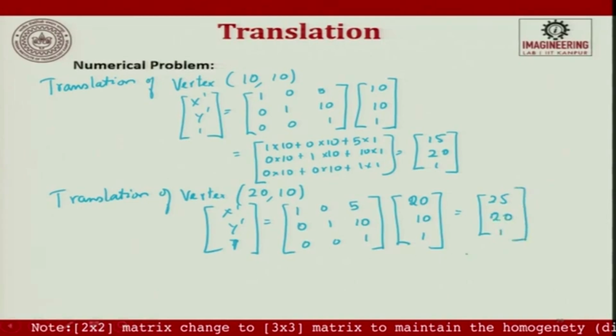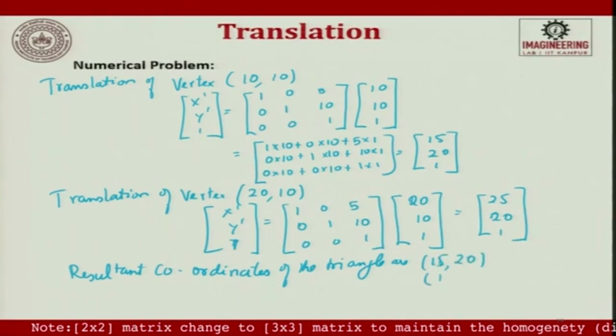So, the resultant coordinates of the triangle are 15 comma 20, 15 comma 30, and 25 comma 20.